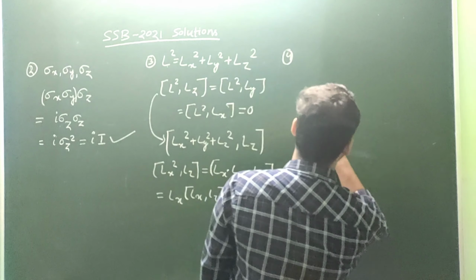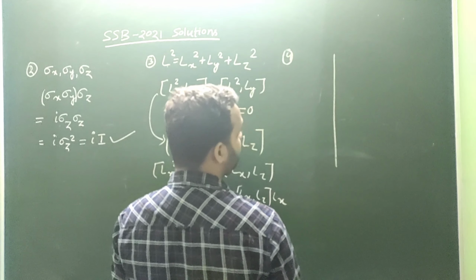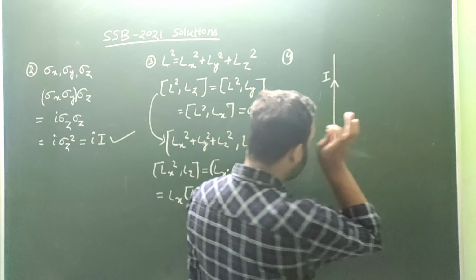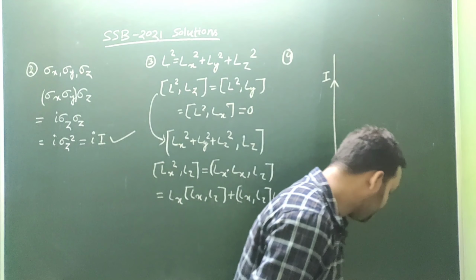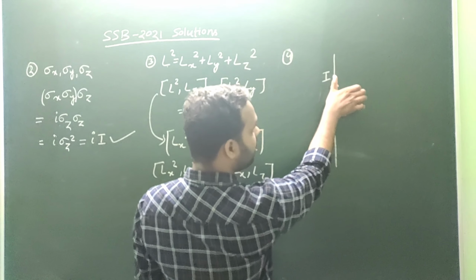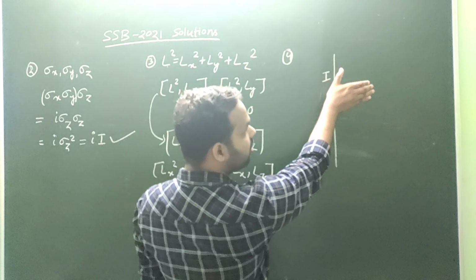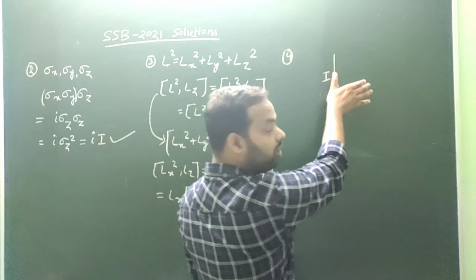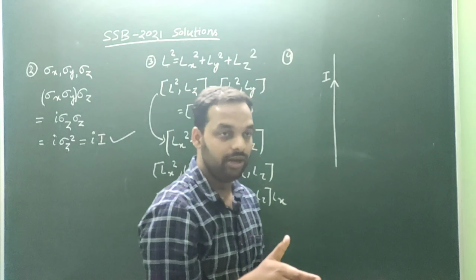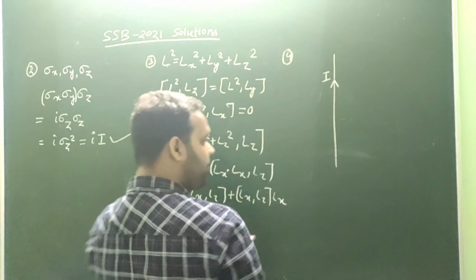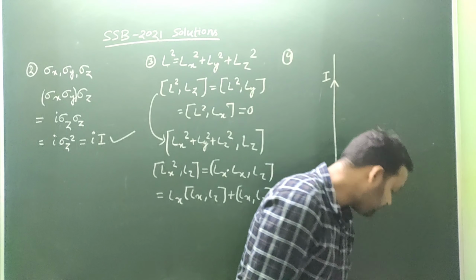So now let's take a long straight wire, and here the direction of current is upwards. How to know the magnetic field? You know that if you take the thumb in the direction of current, then all the fingers curling around this wire will give you the direction of magnetic field. So let's say I have a pen here, right?